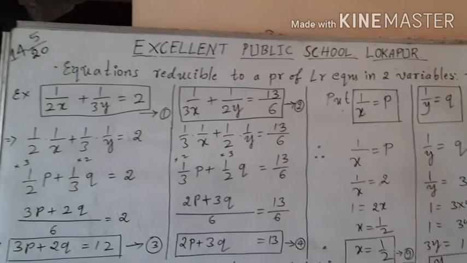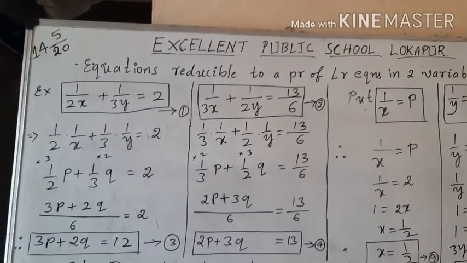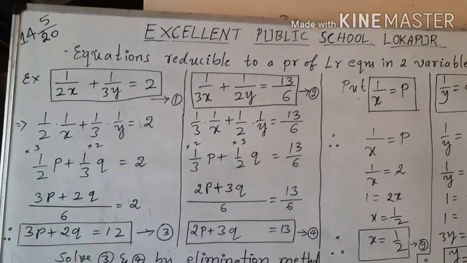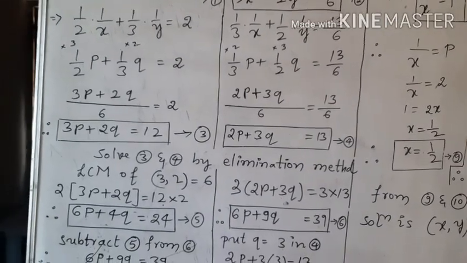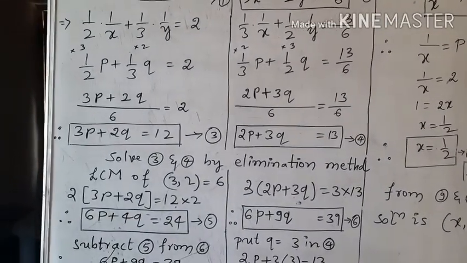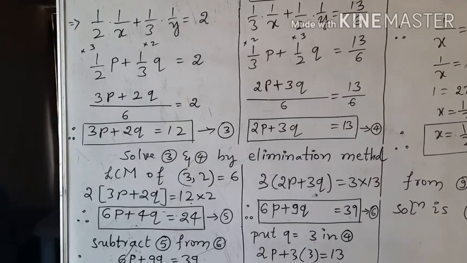See here children, the given pair of equations is in terms of x and y. You converted them, meaning you reduced them to a pair of linear equations in terms of other variables p and q.